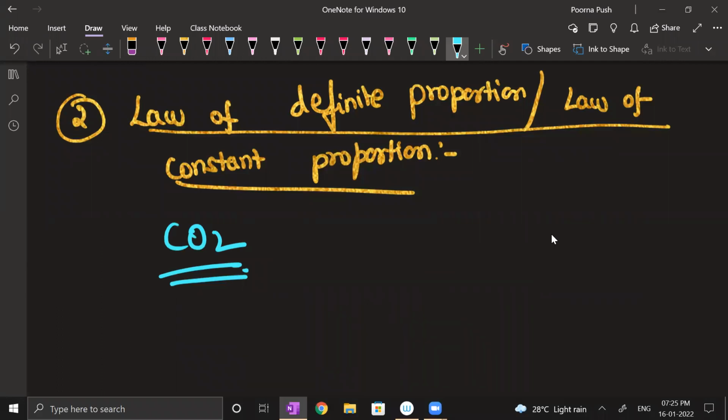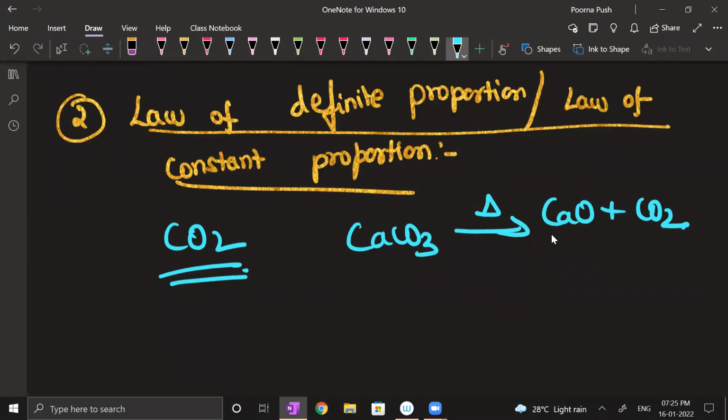Tell me in what ways we can prepare it. How to prepare CO2? On decomposition of calcium carbonate. Very good. Then, example: conversion of carbon with oxygen. C plus O2 gives CO2. CaCO3 on heating gives CaO plus CO2.